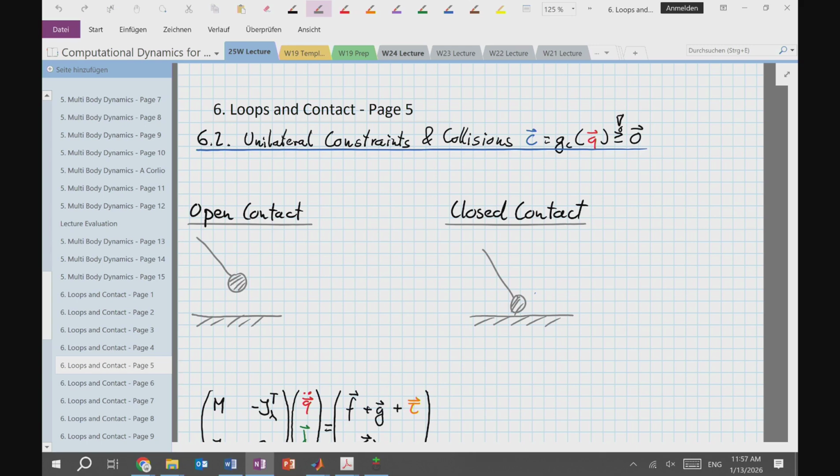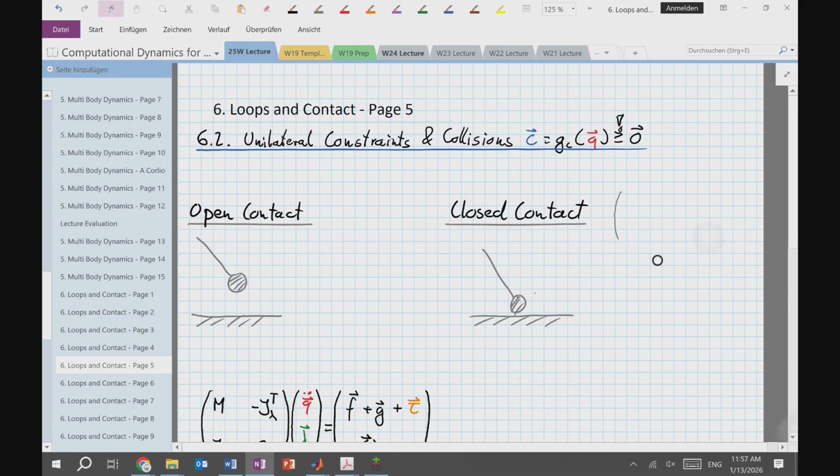This idea of unilateral constraints can become very complex very quickly. There's actually an entire lecture called non-smooth dynamics, which only deals, one entire term just deals with this type of problem. So here I'm going to show you the short version, show you some ideas, and to do that I make a few assumptions that are not 100% correct, but are actually widely used in the field of robotics.